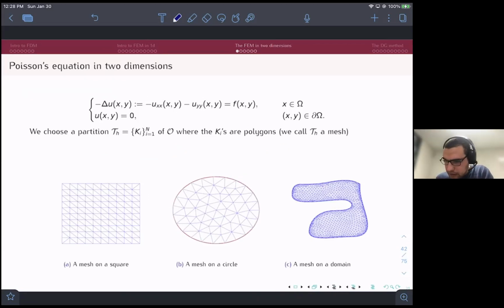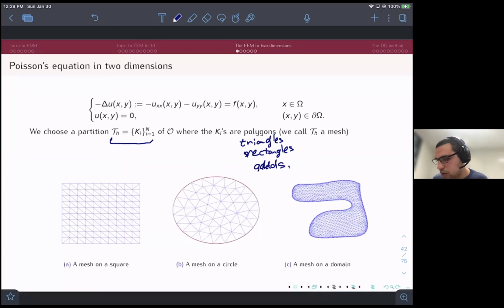The idea is, instead of subdividing the interval into subintervals, you take what we call a mesh, which consists of a set of elements, and then you divide your domain into these elements, okay? And these guys are polygons. In 2D, we can use triangles. We can use squares or rectangles. And then we can use quadrilaterals.